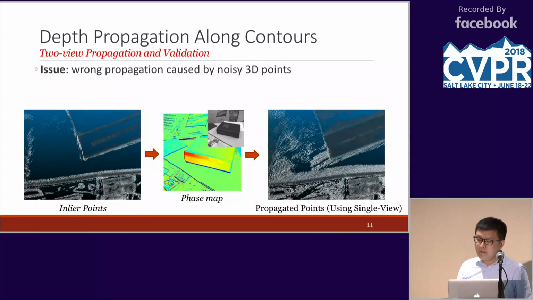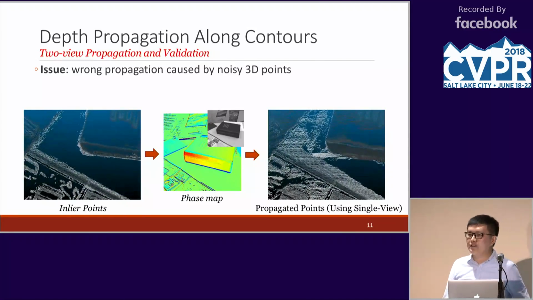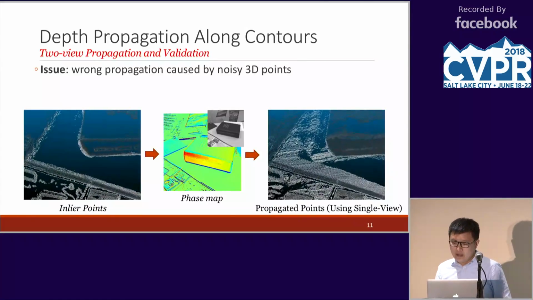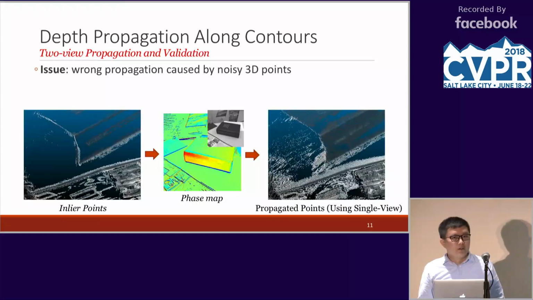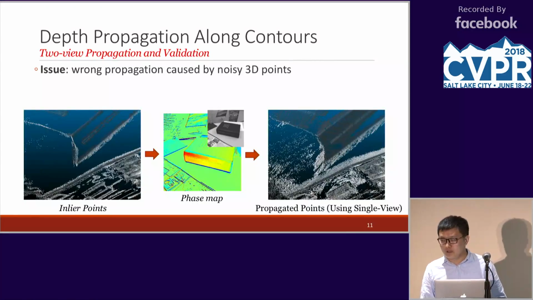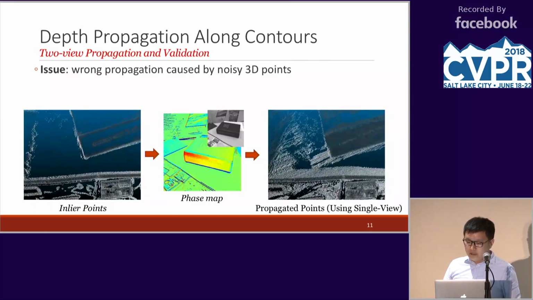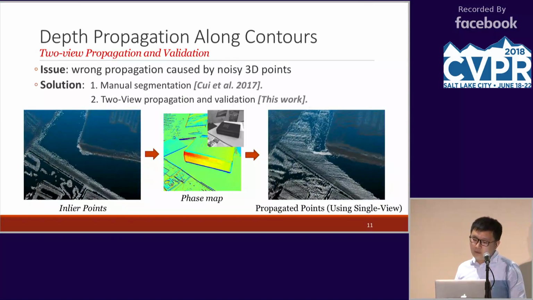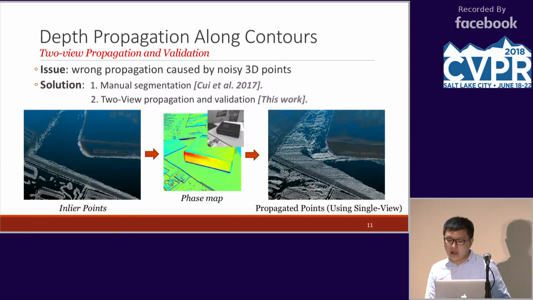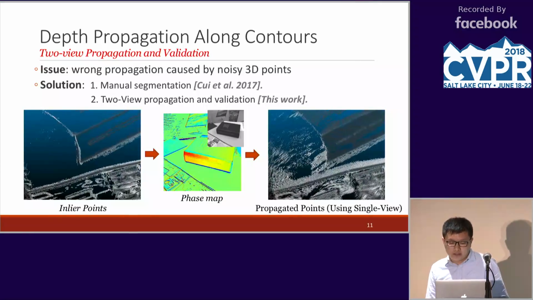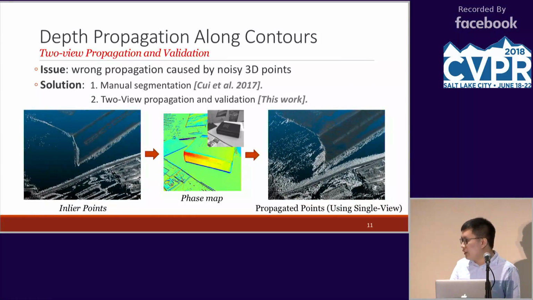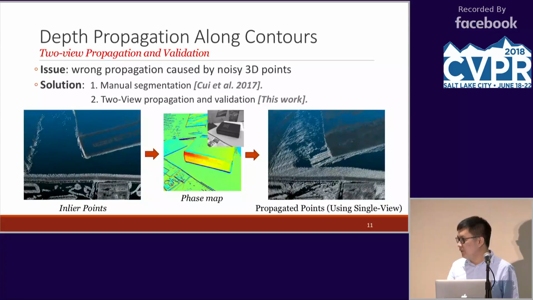If we propagate their depths along the isodepth contour, we will propagate the errors, as you can see from the right image, with all these flying contours of noisy propagations. In our previous work, we required a manual segmentation to avoid propagating the outliers. In this work, we propose a two-view propagation and validation strategy that can automatically remove the outliers.